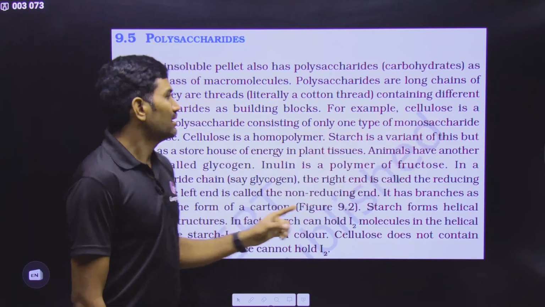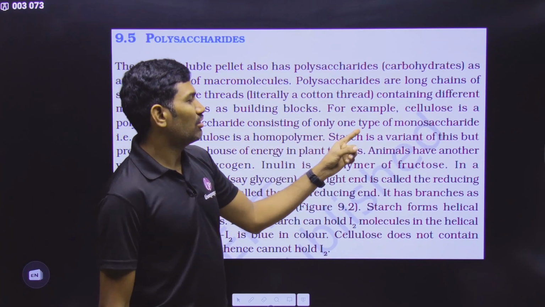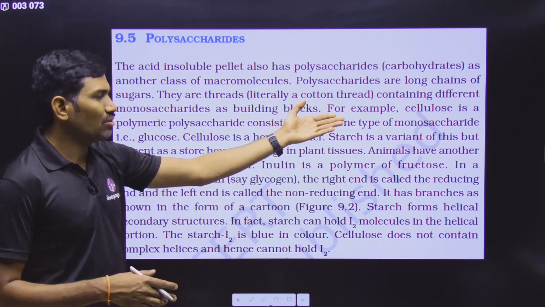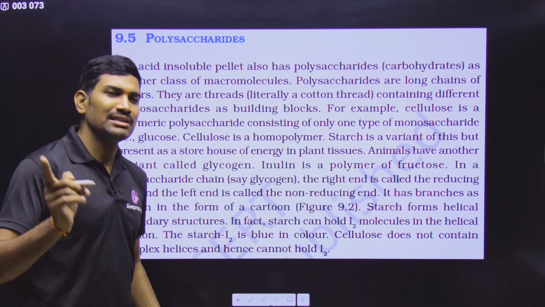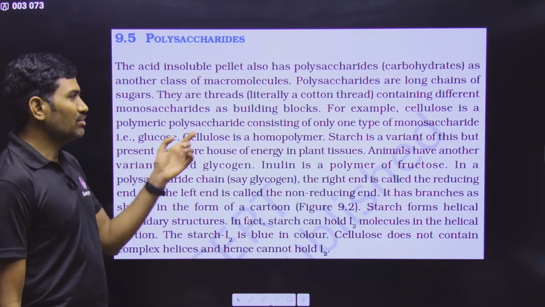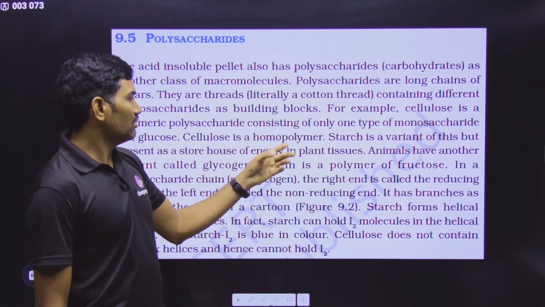For example, cellulose is a polymeric polysaccharide consisting of only one type of monosaccharide, that is glucose. In the case of cellulose, only one type of unit is repeated several times. And what is that unit? It is glucose. That means cellulose is a homopolymer of glucose. Next one, they have given.